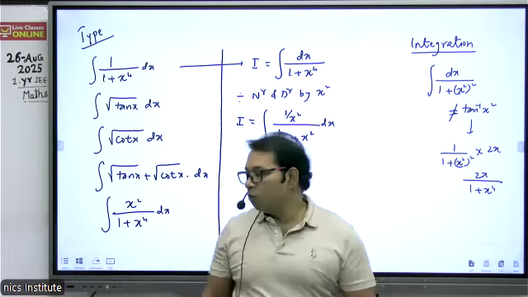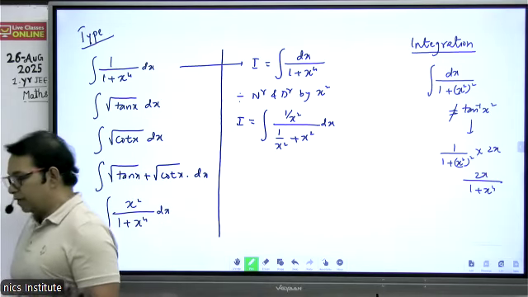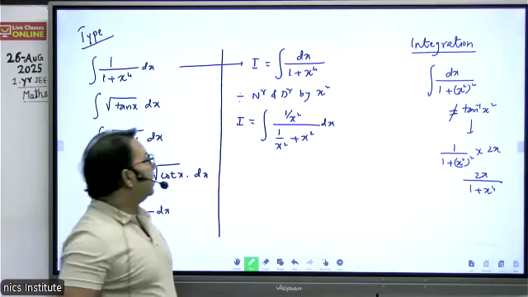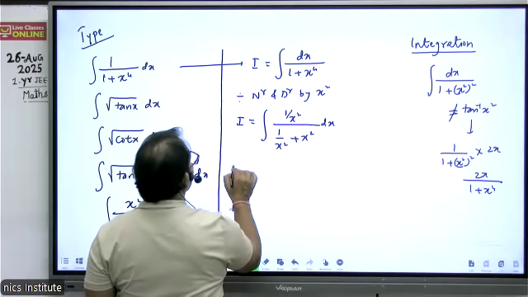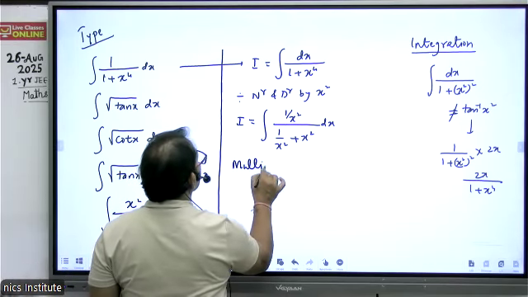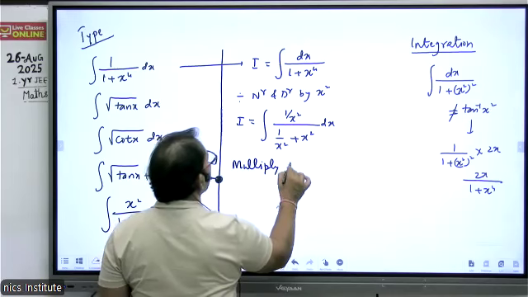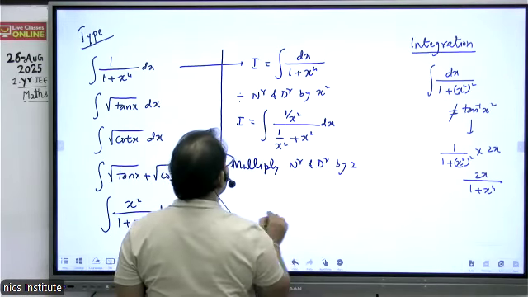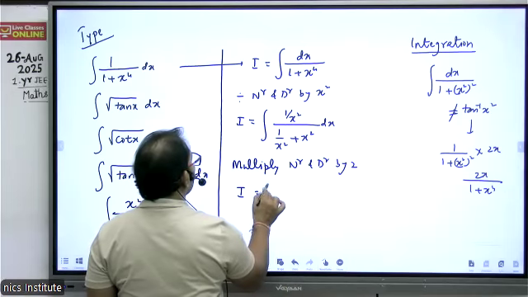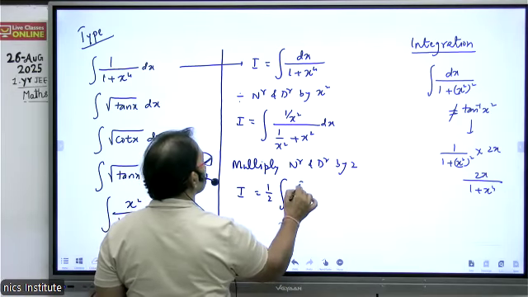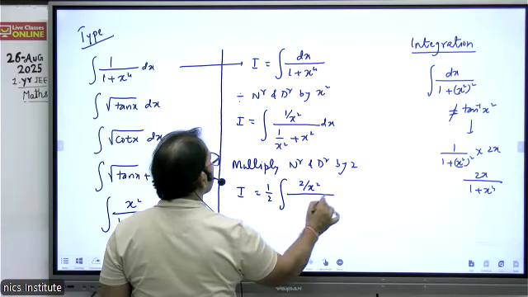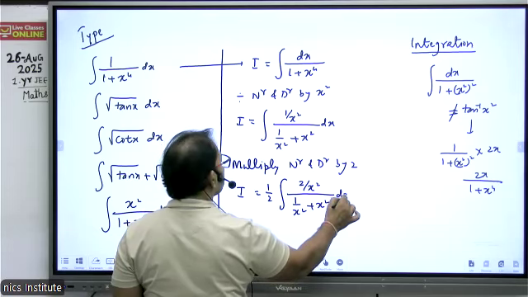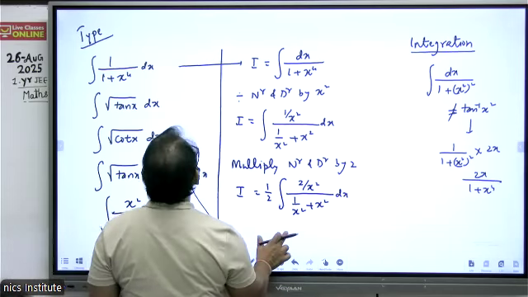The next step would be multiply numerator and denominator by 2. That is the next step. So 1 by 2 out. This is 2 by x square over 1 by x square plus x square dx.